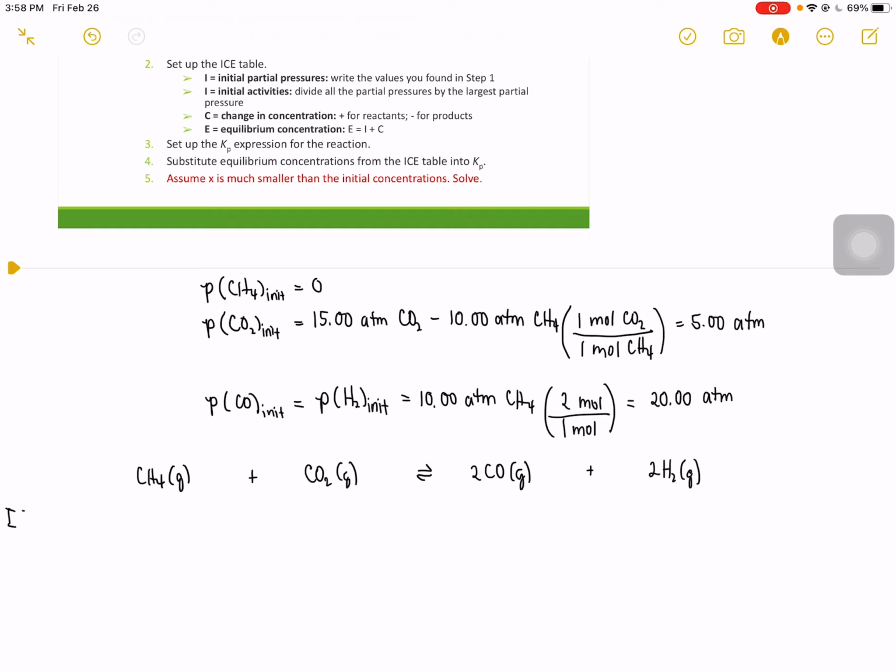The initial partial pressures of all of these in atm are as follows. So we have 0, 5, and 20 each for both products.